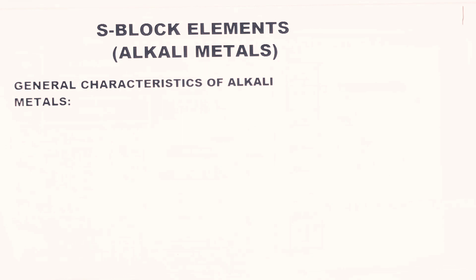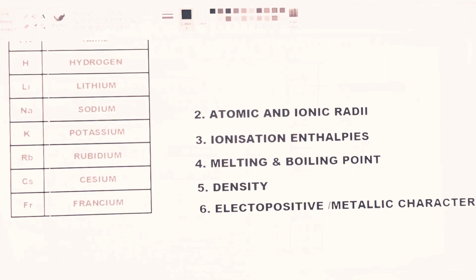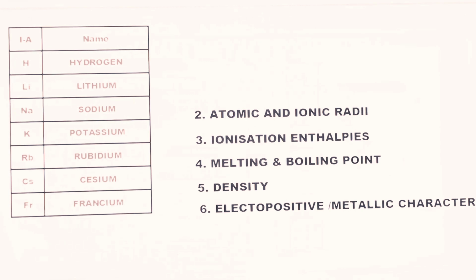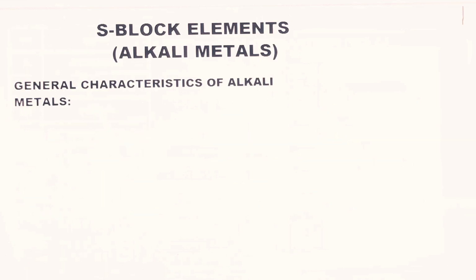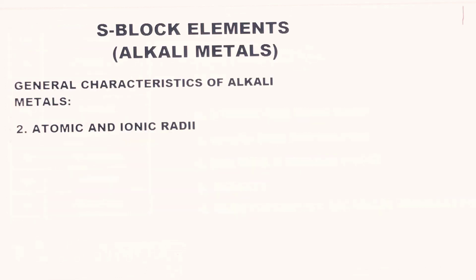Next we come to another property, that is atomic radii and ionic radii. The second point is atomic radii and ionic radii. Both have the same trend. Again we take this table.